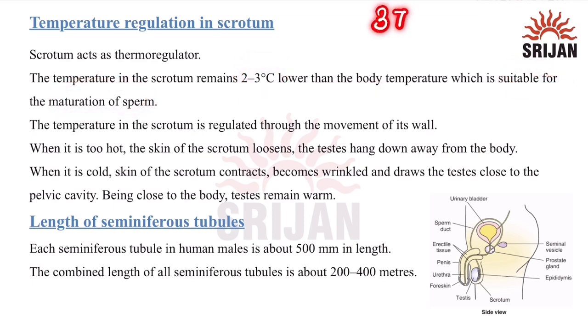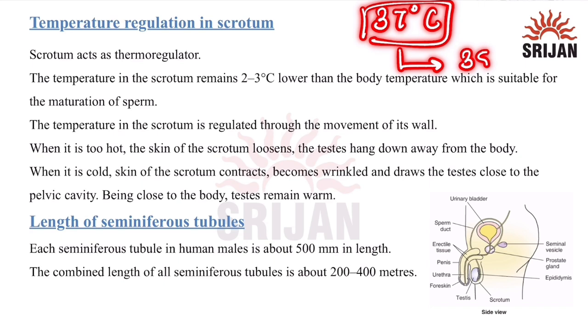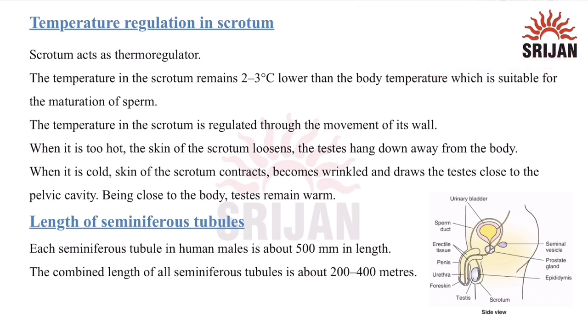Our normal body temperature is 37 degrees Celsius, and the temperature of the scrotum will be 35 or 34 degrees Celsius. The temperature in the scrotum is regulated through the movement of its walls, that are these walls.